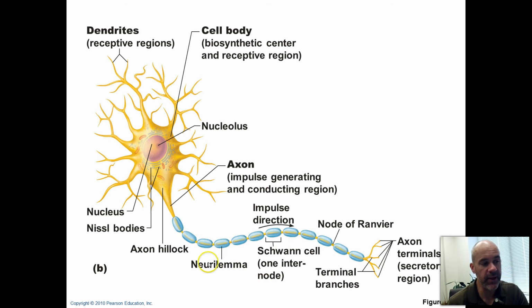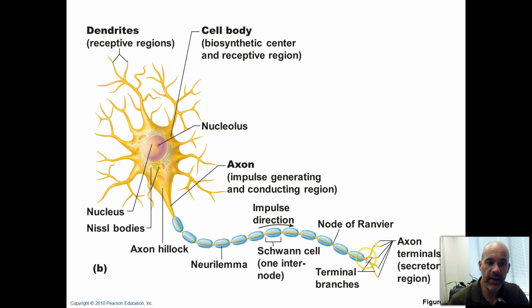That term neurolemma there more or less refers to the surface of these Schwann cells that you see here, where you actually have the cell body of the Schwann cell. The cell body of the Schwann cell is out near the surface, and all this myelin it has made is actually deeper and wrapped around the axon. The little open areas that are unmyelinated, those are called nodes of Ranvier.